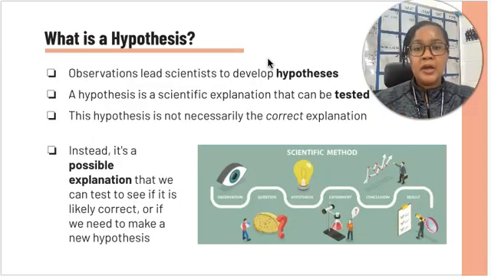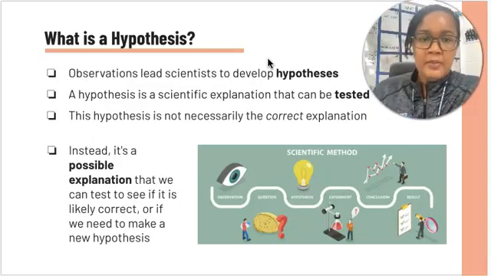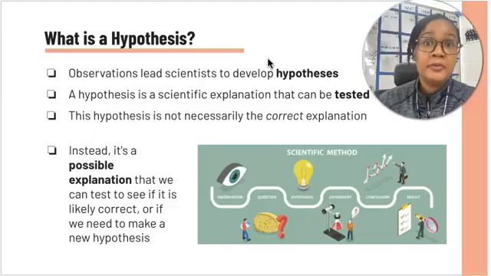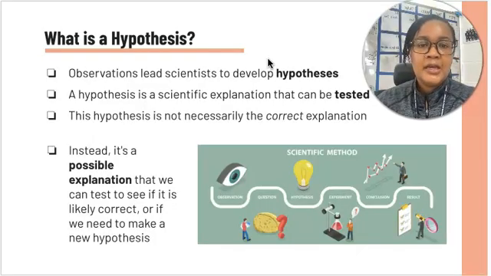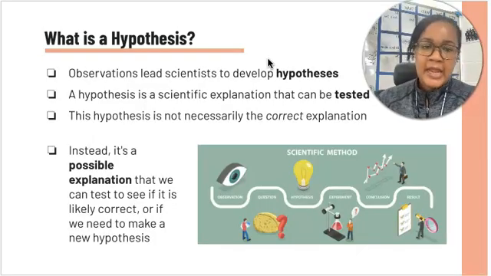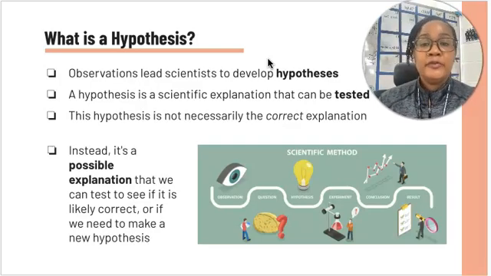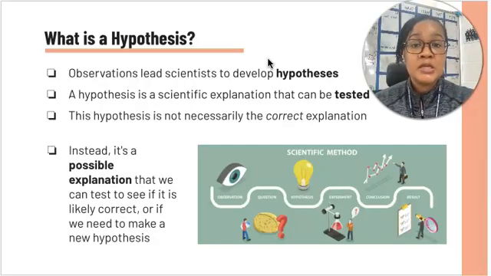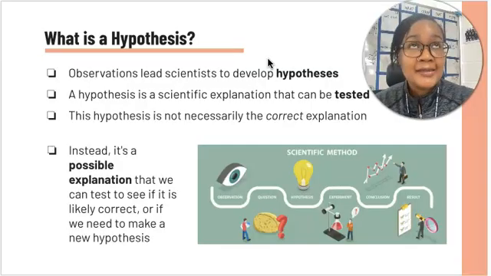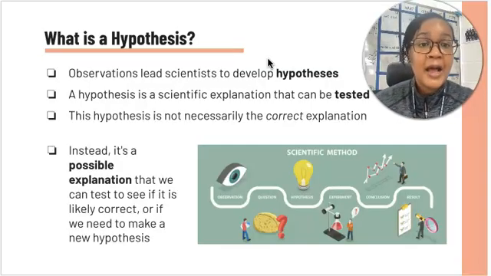Next, let's talk about a hypothesis. Well, what is a hypothesis? You may have heard this word before, and your teacher may have told you it's a guess or it's the answer. And it's not quite either of those. After you've made your observations and you have your question, your hypothesis is going to be this possible explanation or possible answer to that experimental question.